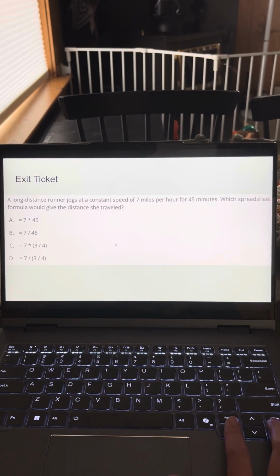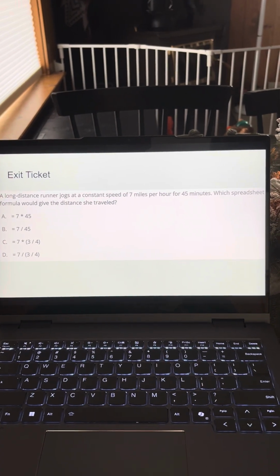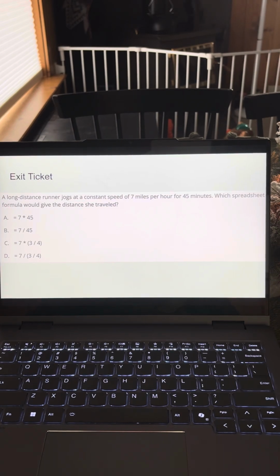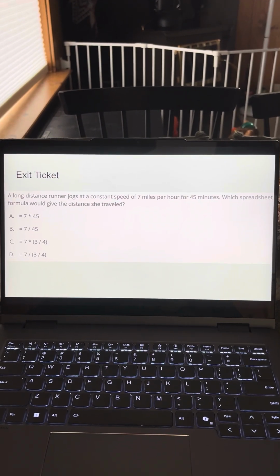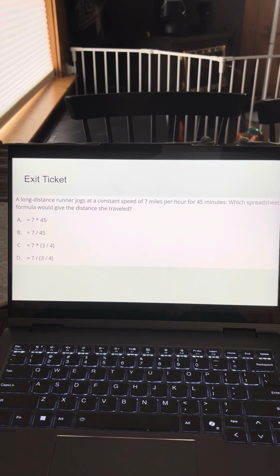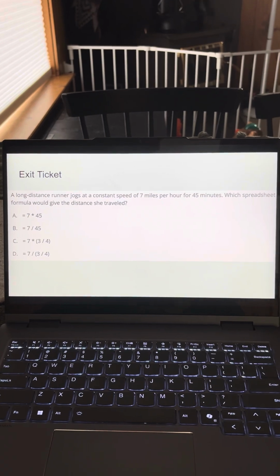And then exit ticket, a long-distance runner jogs at a constant speed of 7 miles per hour for 45 minutes. Which spreadsheet formula would give the distance she traveled? So if I did 7 times 45, would that make sense? No, not really. That would give me a huge distance.